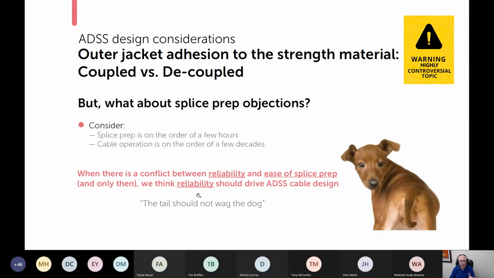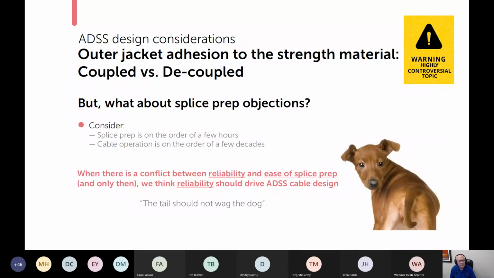When it's not a conflict with reliability, like I really don't feel that strongly about the cable core and the issue of dry versus wet cores. Yes, I think a wet core would be slightly better, but by the time you got a jacket breach, you've got bigger problems anyway. But in the case of a coupled versus decoupled design, that's a different animal. Pardon the pun about the dog.